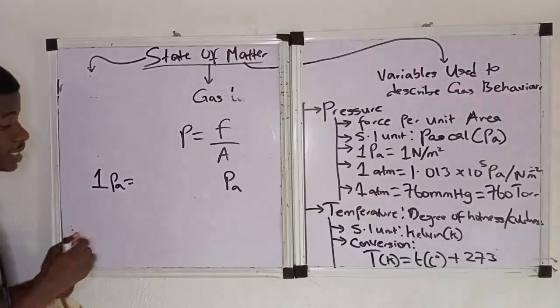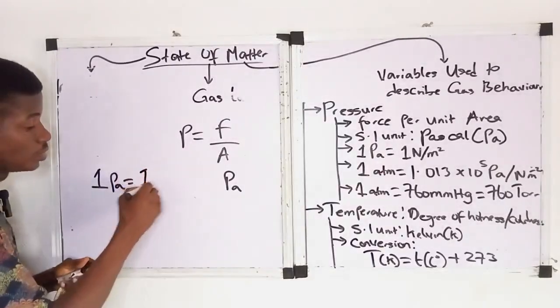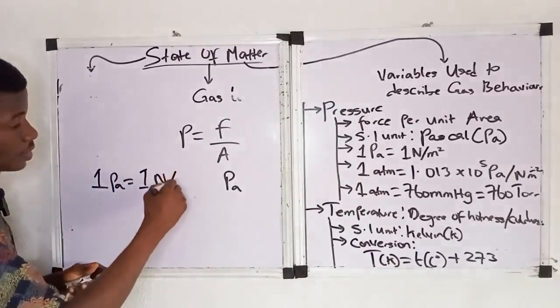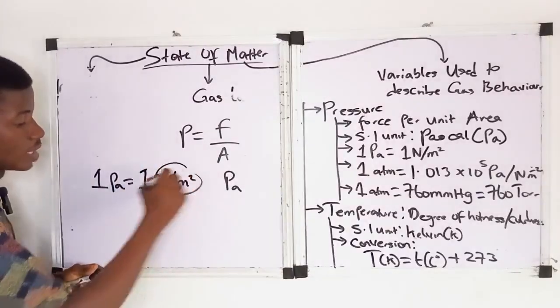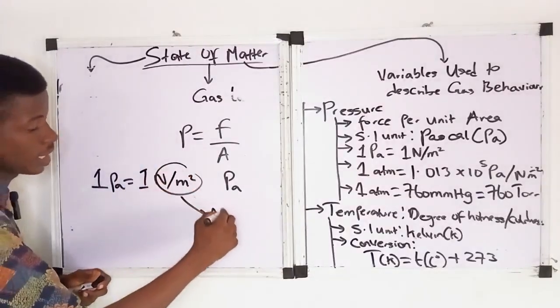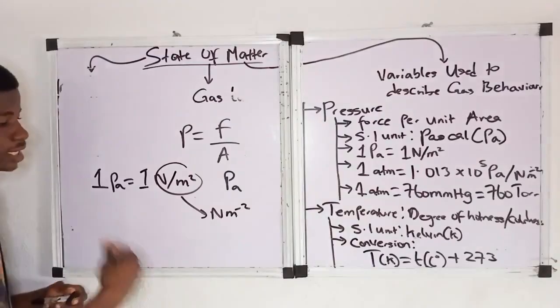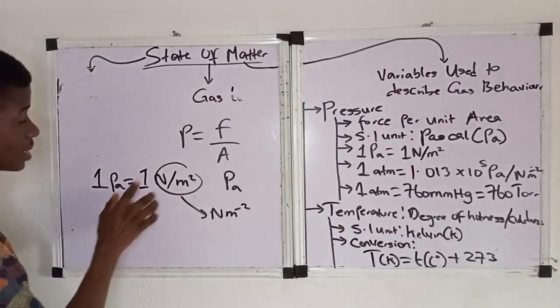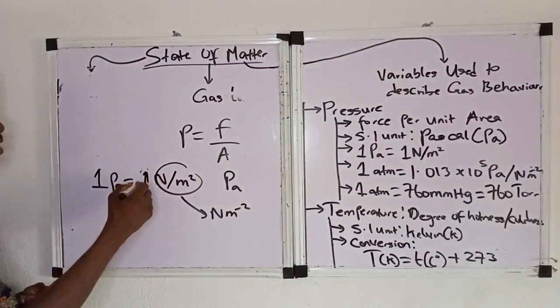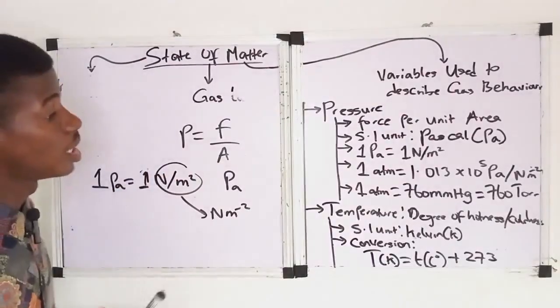So take note that 1 Pascal is equal to 1 Newton per meter square.